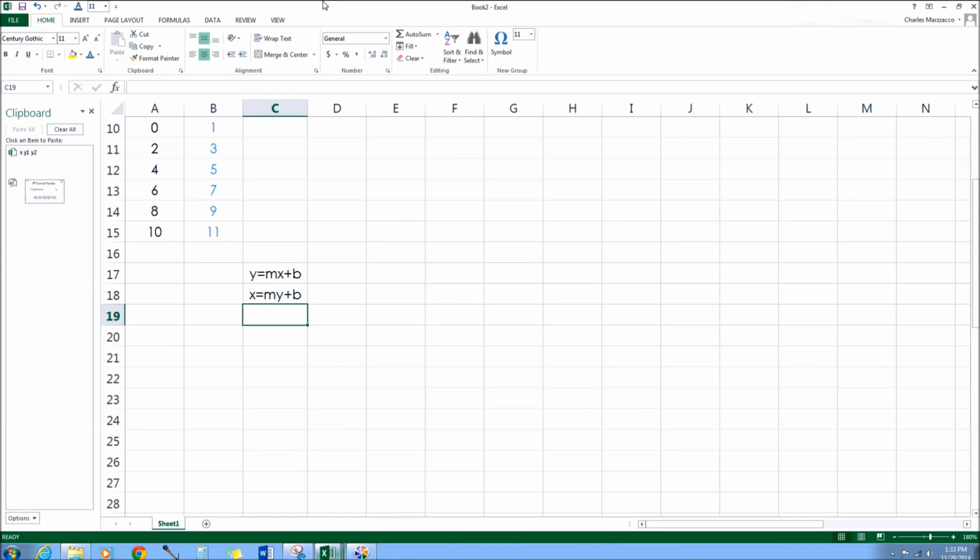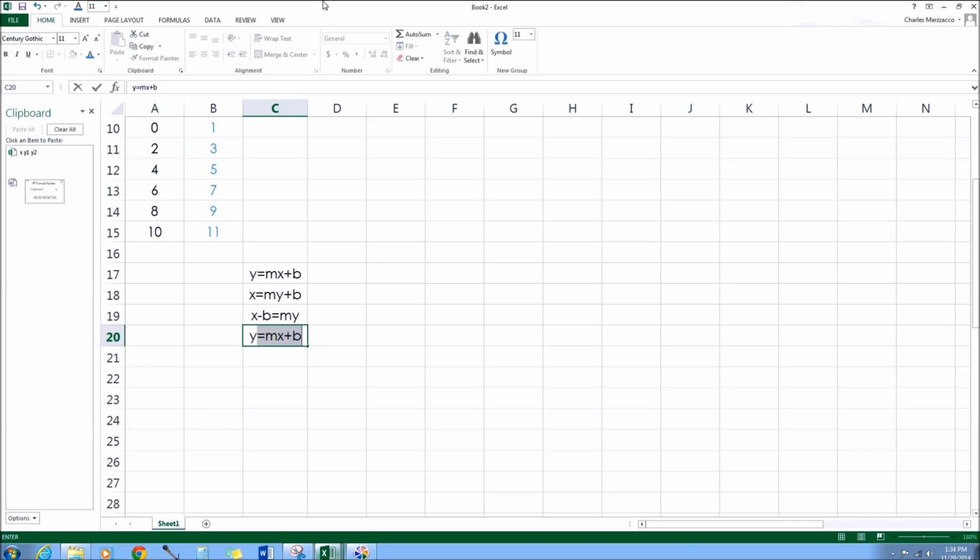And then you subtract b from both sides. So we get x minus b equals my. And then we're going to switch sides for the end.